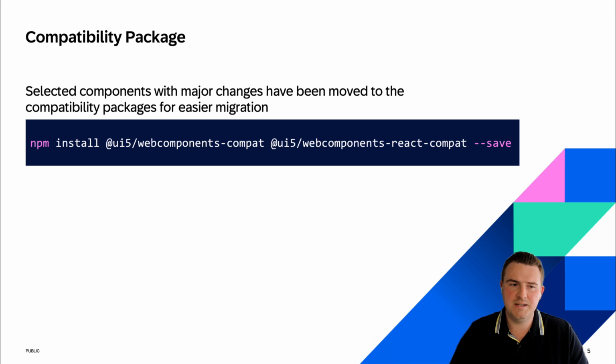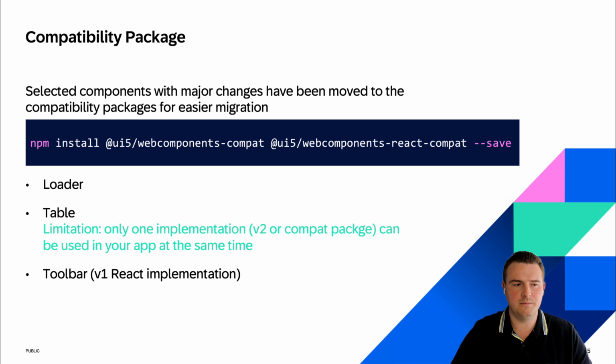You can install those compatibility packages with the npm install command, or yarn or pnpm, whatever package manager you are using. Currently we have this compatibility layer for three components.